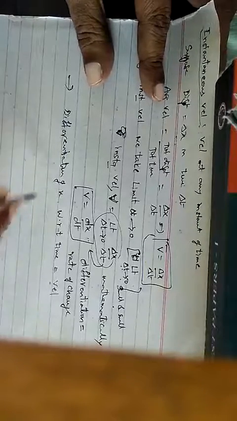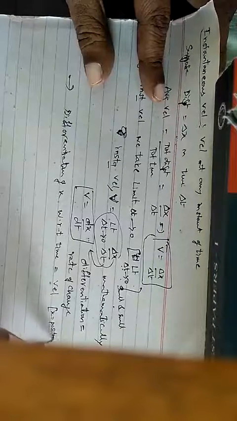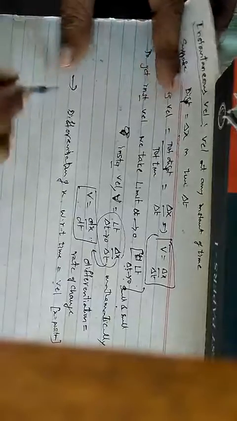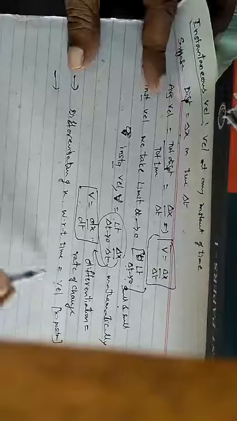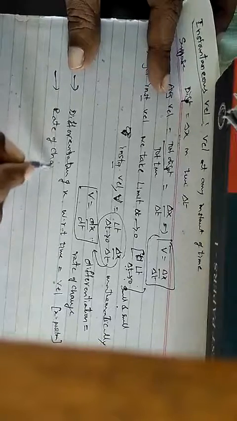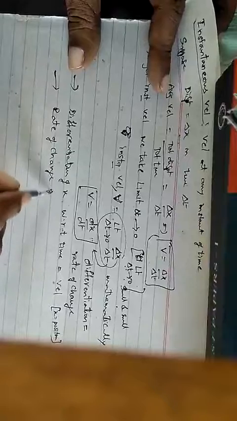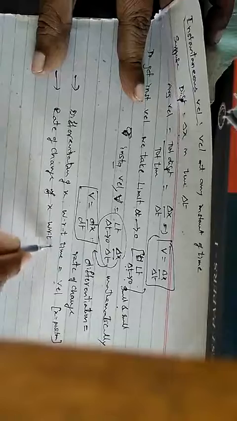What is x here? Remember, x is position. Again, what is the meaning of this? Differentiation of x with respect to time means rate of change of x with respect to time.